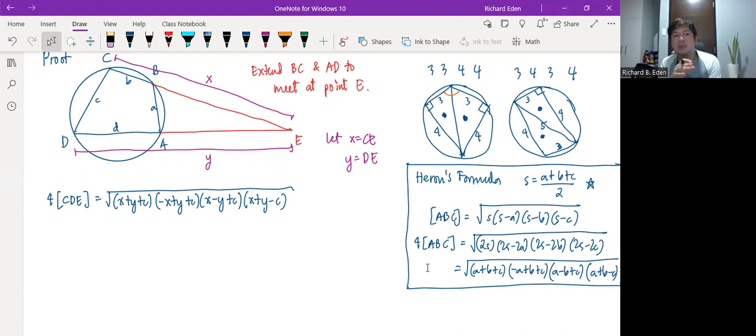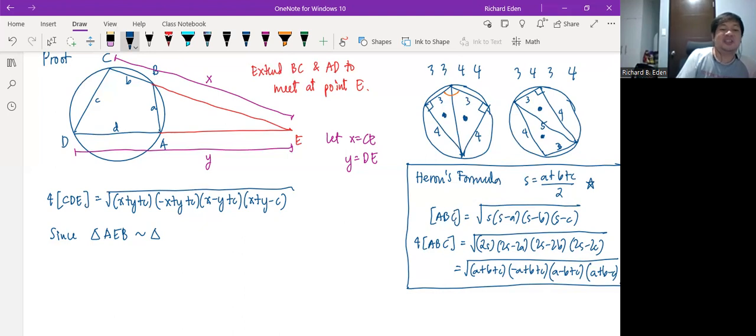Now, rather than apply Heron's formula for the area of ABE, because we know one side of ABE, we have a, we also have x minus b, we also have y minus d, but we can use the fact that triangle AEB is similar to something. What is triangle AEB similar to?